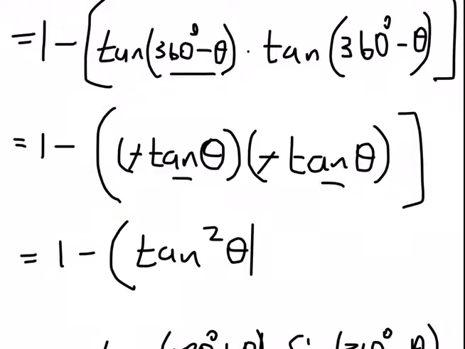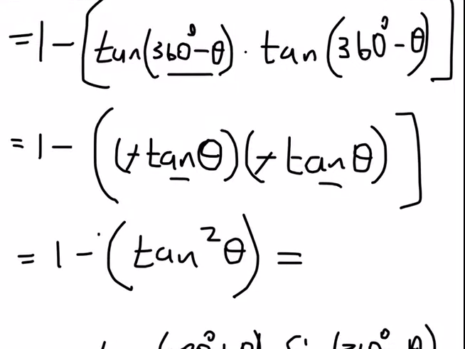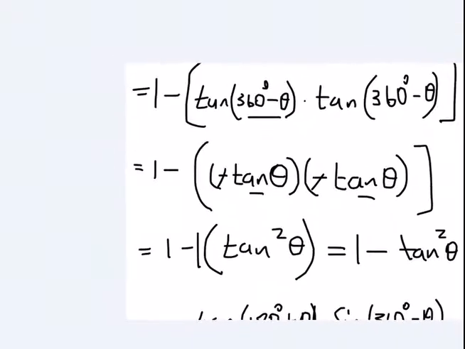Okay, so now you are done. The last part is for you to remove the brackets. You have an invisible 1 there. It's like you have 1 minus tan squared of an angle. That should be the end of it.